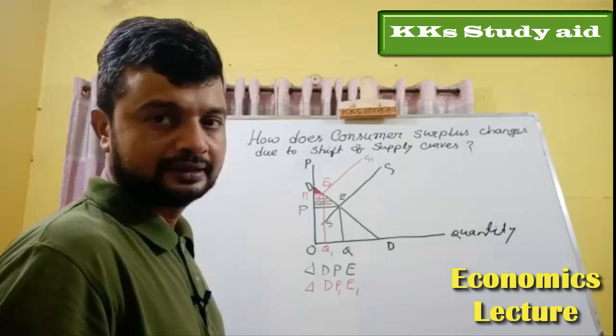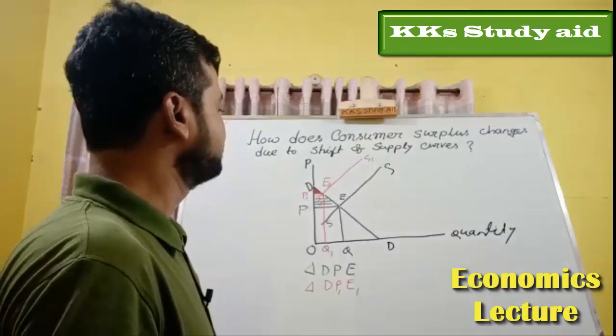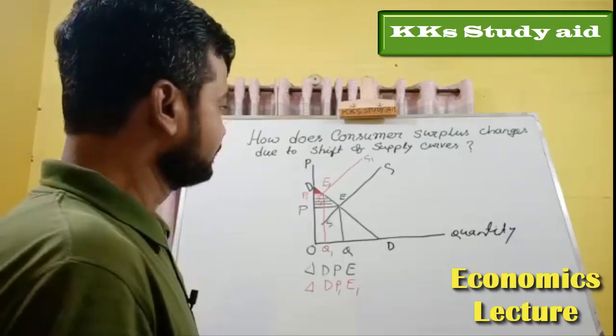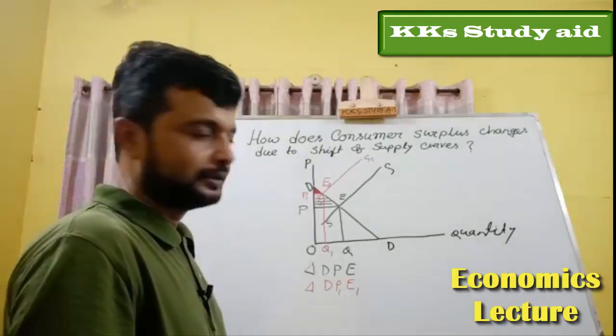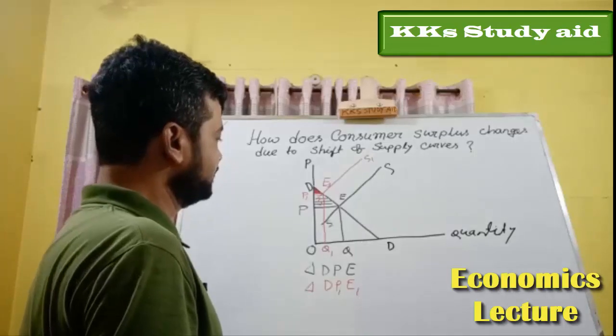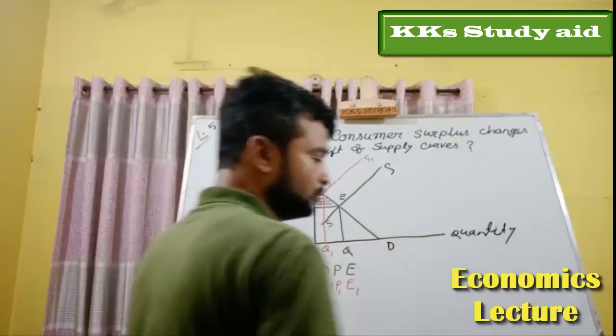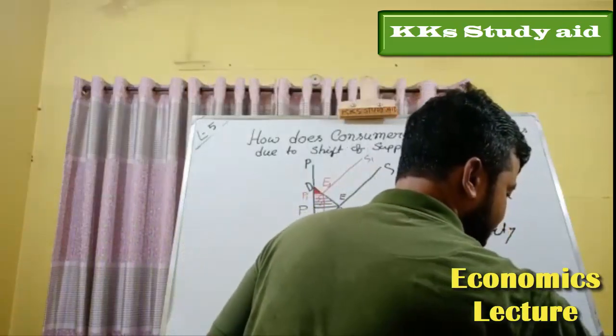Here we consider this as the consumer surplus when price increases due to the shift of supply curve. Now see another matter, when the supply curve goes downward, what will happen?